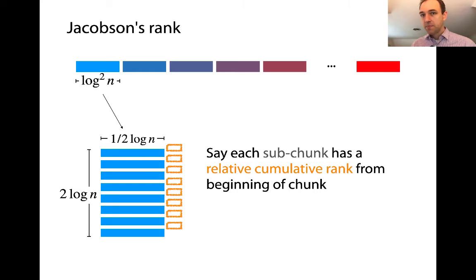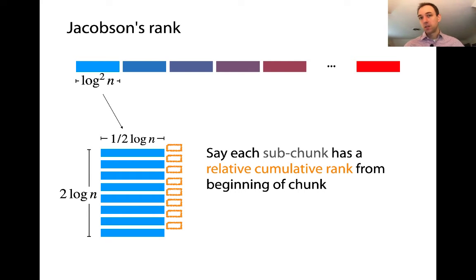Now, kind of like before when we said we would store the cumulative ranks up to the beginnings of the chunks, let's now store the relative cumulative rank up to the beginnings of the subchunks. What is the word relative doing here? Well, I'm not going to count the rank going all the way back to the beginning of the sequence t.